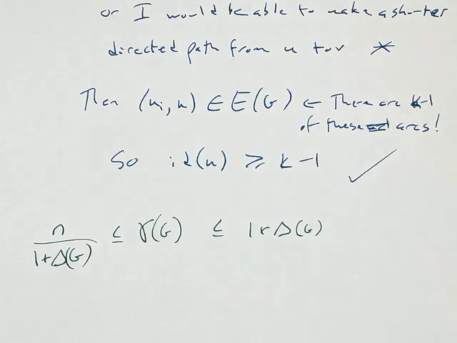I can't do it in 2. I need at least 3. Here's a 3-vertex dominating set, so it must be the right one. But if you only say, hey, I can do it in 3, then you haven't shown me that you can't do it in less than 3.